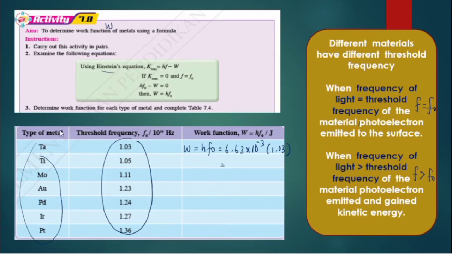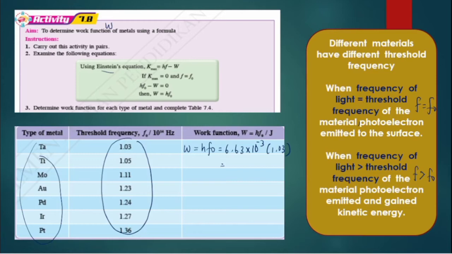So the work function depends on the type of metal used. Thus, we can say different materials have different threshold frequencies and also different work functions.